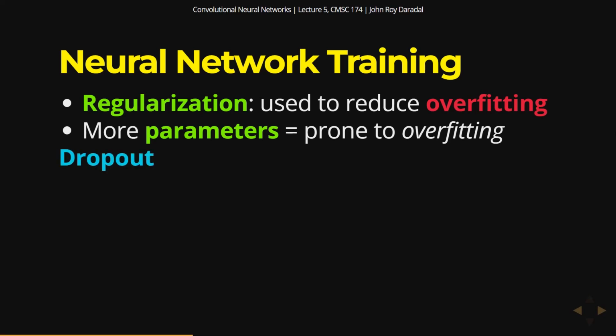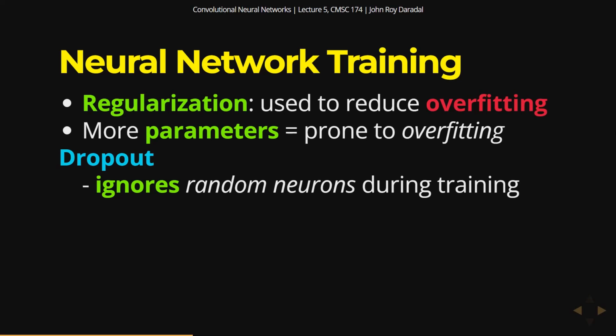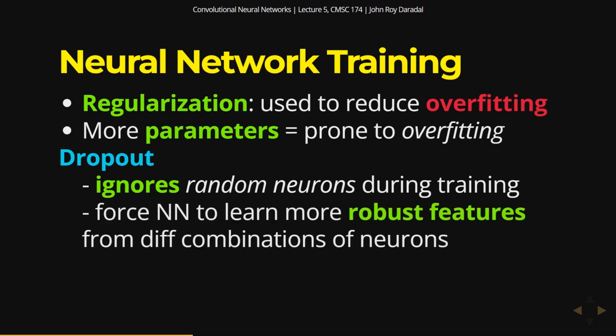So we need to employ some regularization techniques, and I'll mention 3 here. The first being dropout. So dropout is what you do when you try to ignore some random neurons during training. Okay, so what this means is if you apply dropout to this layer during training, it will pick some random neurons and turn them off. Okay, and why would we do that?